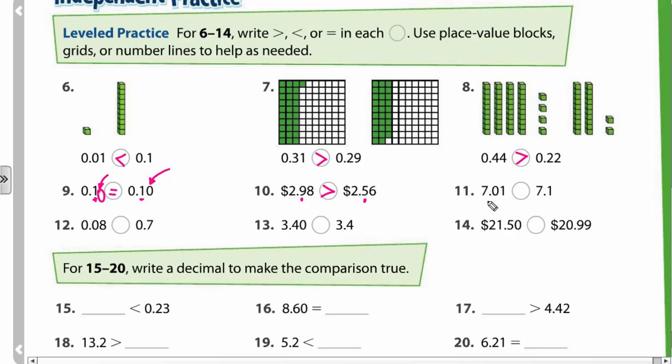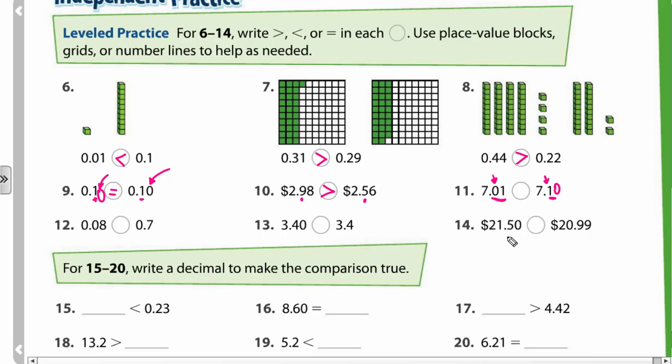Okay, first, the whole number is the same. Now, the decimals, I have here 2 and here only 1. How to fix it? By adding 0. Okay. Now, look at the tenths. 0 here and 1 on the other one.